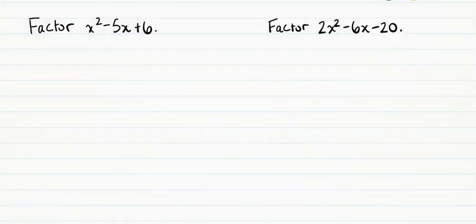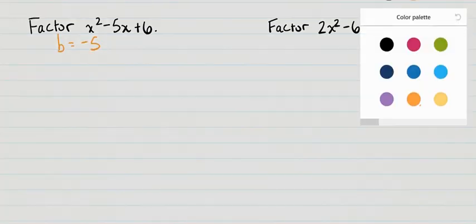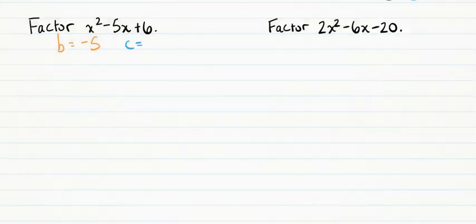Okay, so here's a couple of examples. We're going to factor the trinomial x squared minus 5x plus 6. This is in the form of a simple trinomial, the form x squared plus bx plus c. If I were to identify the values of b and c here, b would equal negative 5 and c would equal 6.